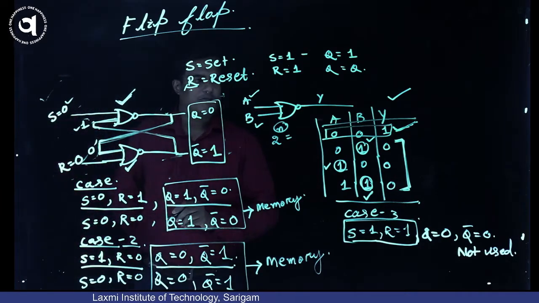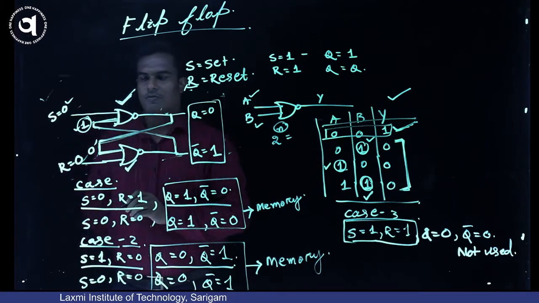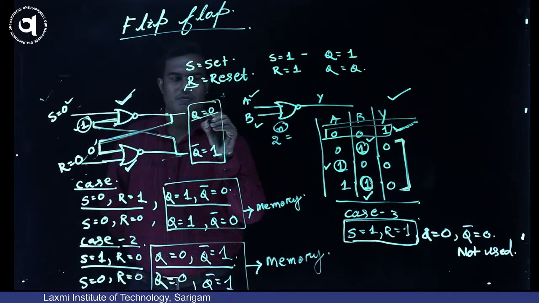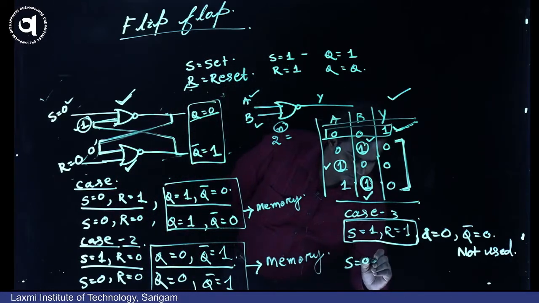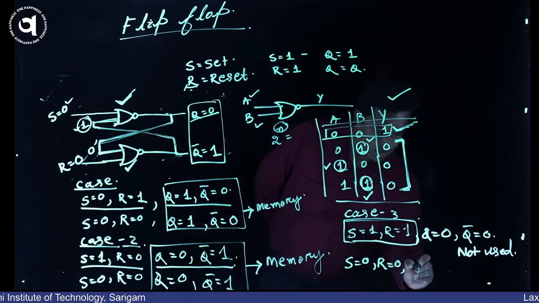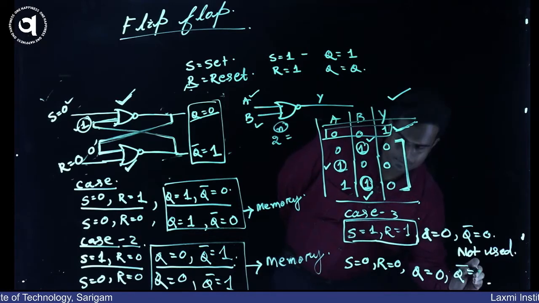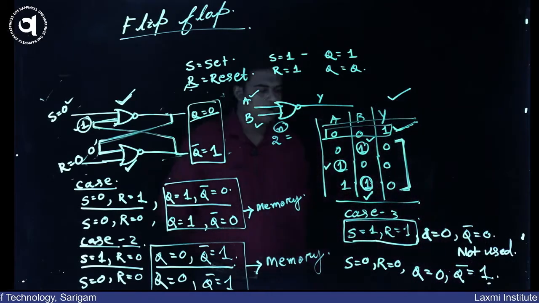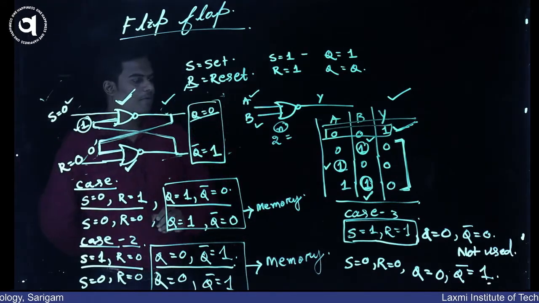According to our tabulation, if any input equals 1, it should produce output equal to 0, so Q should be 0. It's okay. Now S is equal to 0 and R equals 0. I removed the input, and the value I am getting is Q equal to 0 and Q bar equal to 1.